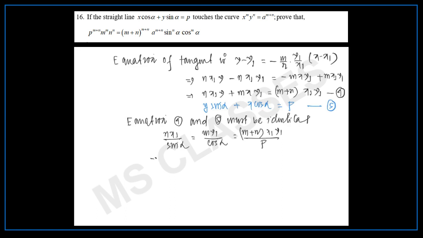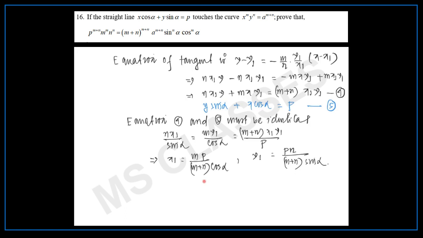So this on further simplification gives x1 equal to p m by (m plus n) into cos alpha, and y1 equal to p n by (m plus n) into sin alpha.